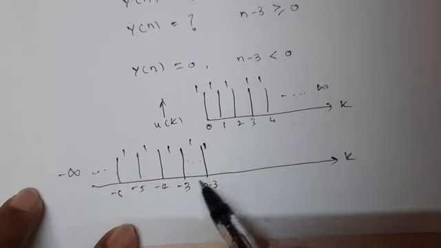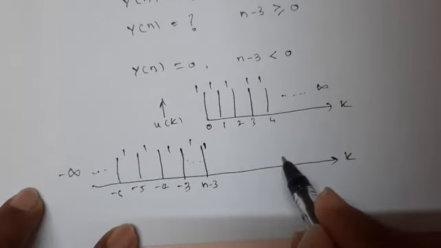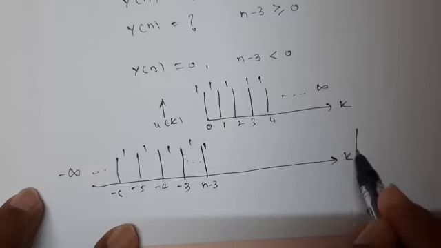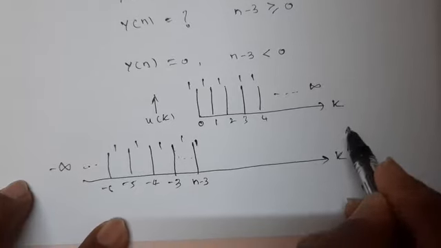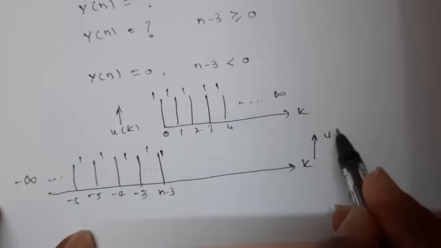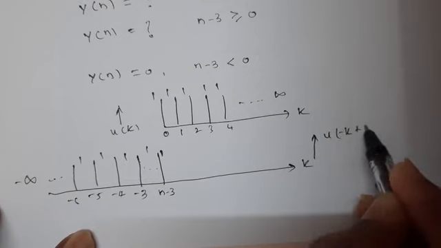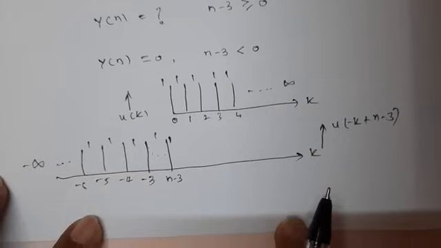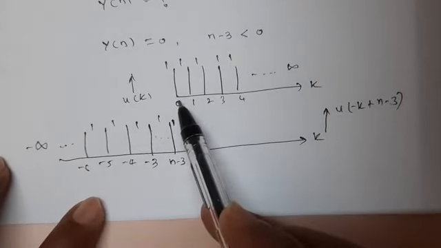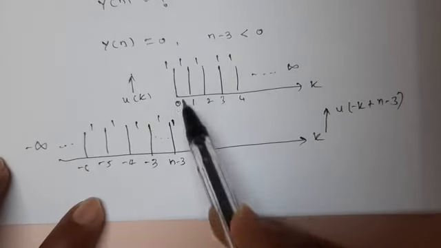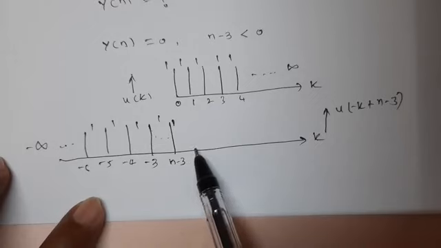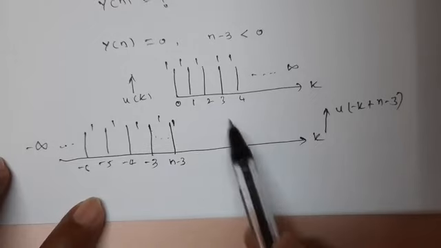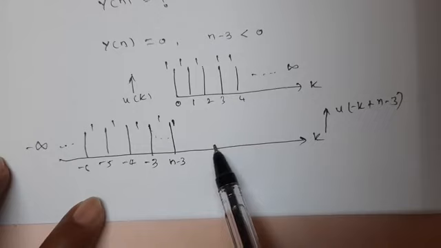Now if you try to multiply this signal, which is u of minus k plus n minus 3, check at 0: for u of k I have 1, but I don't have any samples for this signal. Similarly at 1, no samples for this.